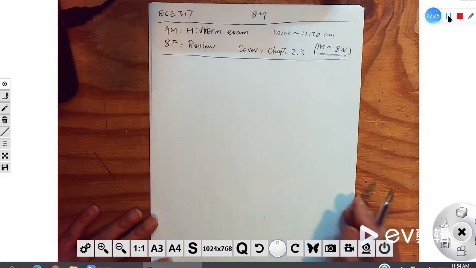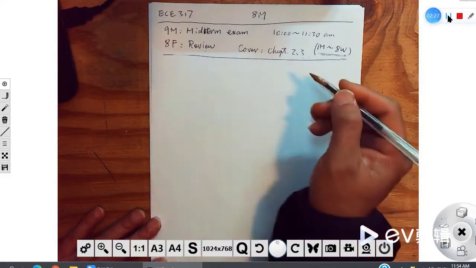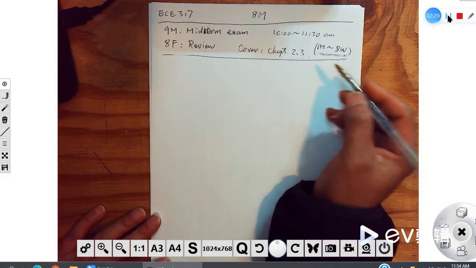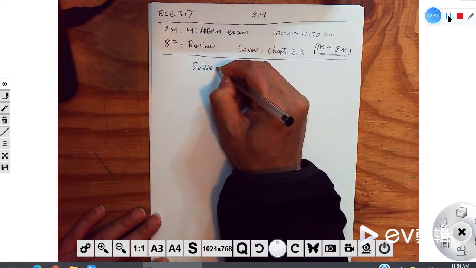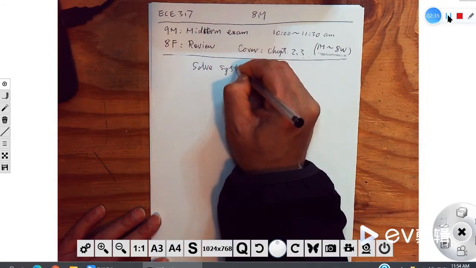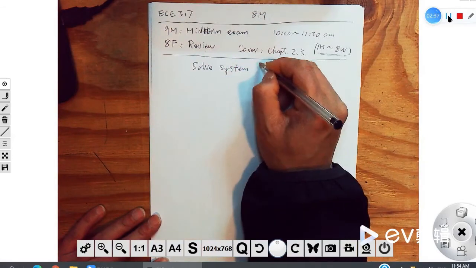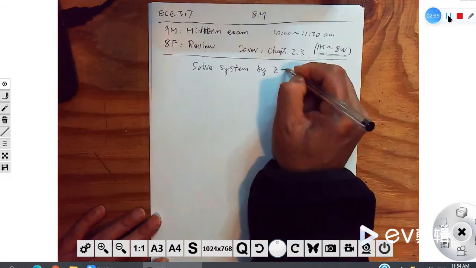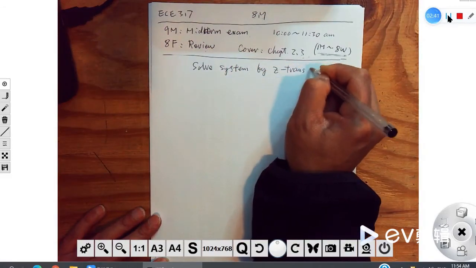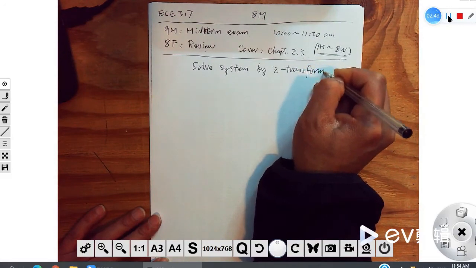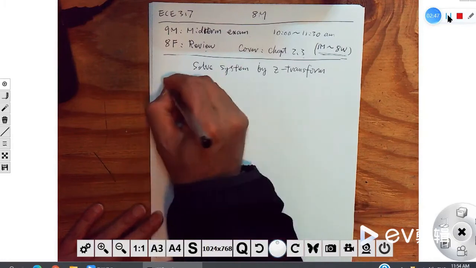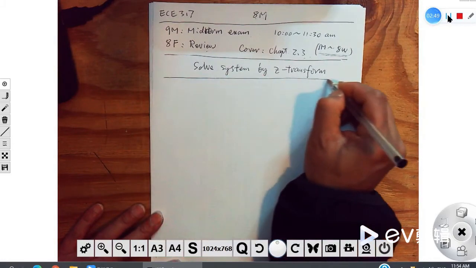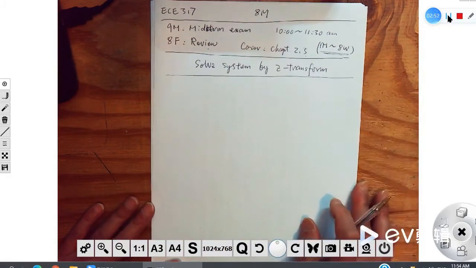And today we will consider how to solve a system by Z-transform. This is also part of the exam. The way is quite similar to the Fourier transform.